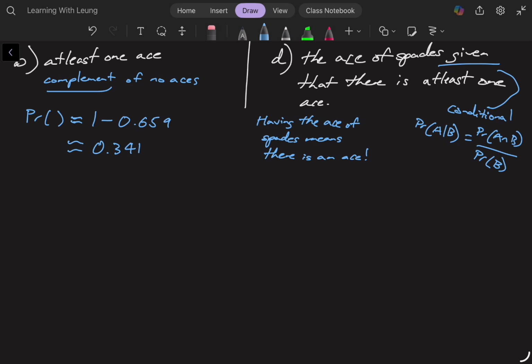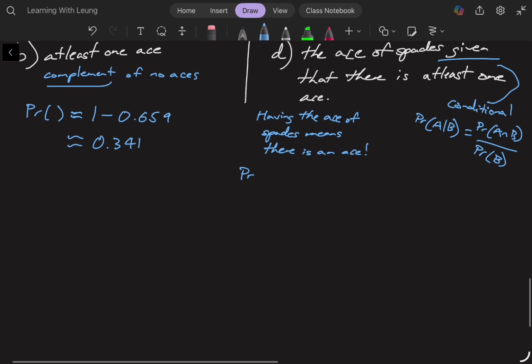Okay? Which means that our probabilities, that is the probability of having the ace of spades and an ace, that is the intersection, is actually just equal to the probability of the ace of spades. Because having the ace of spades guarantees that you get an ace already, right?